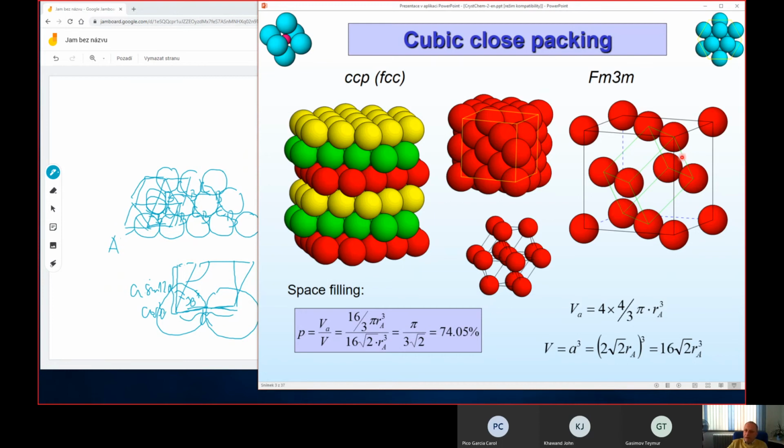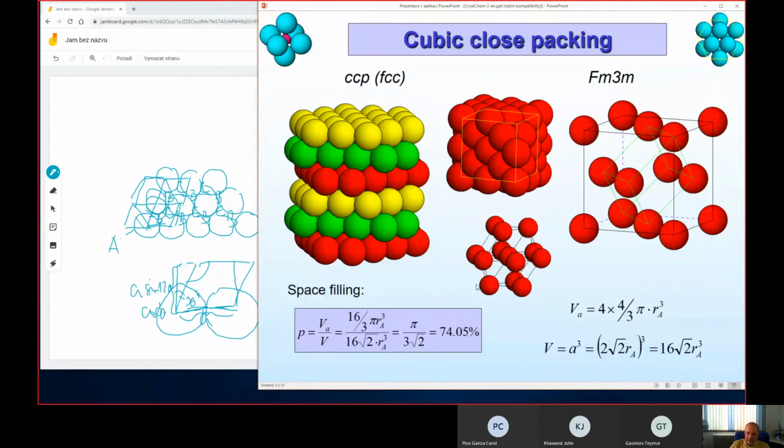Then these 6 atoms correspond to the third layer, denoted as C or in yellow color. And this atom is again a part of the A layer here. And the cubic unit cell is face-centered. That's why we have this symbol Fm3m, which is the space group of this structure.